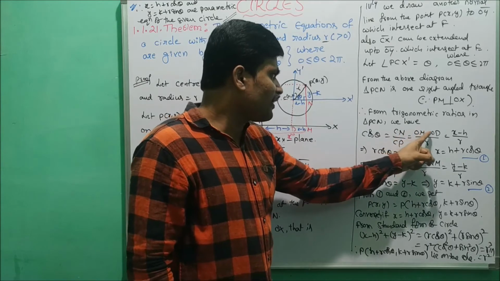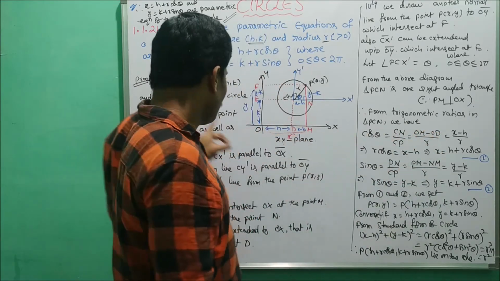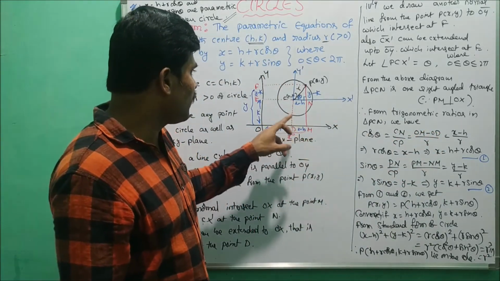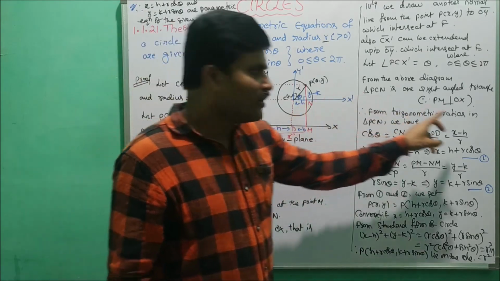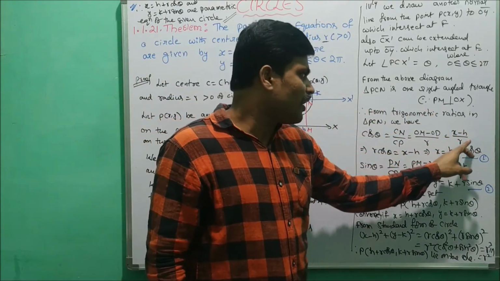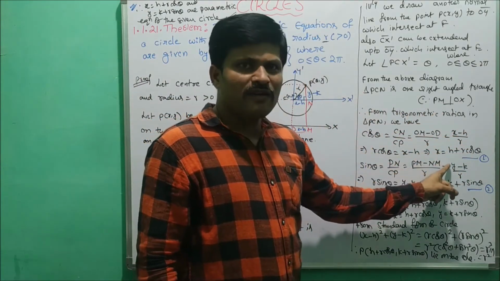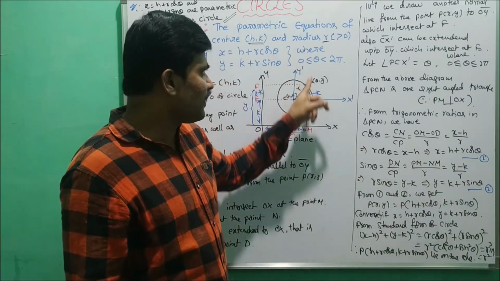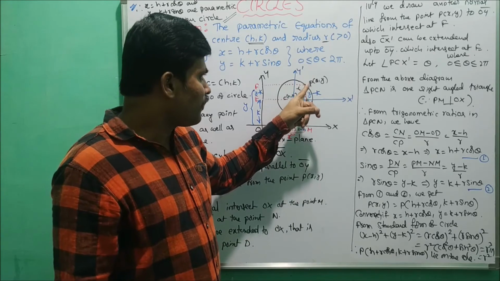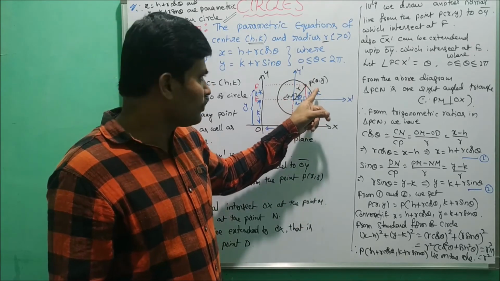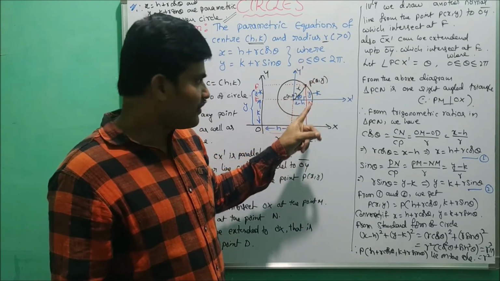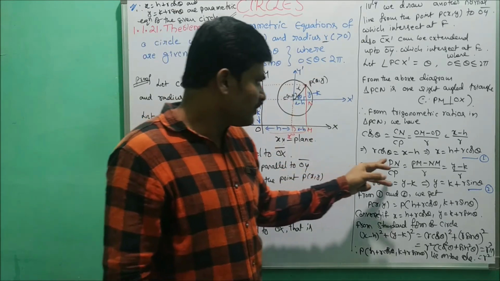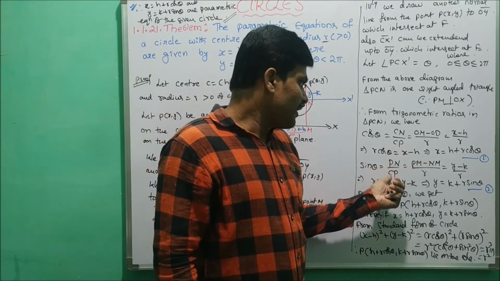Now CN can be written as OM minus OD, which is already simplified as x minus h. Now we substitute x minus h by r, and it can be simplified that the value of x is h plus r cos theta. Similarly, we take sin theta, that is the opposite side to theta by the hypotenuse, that is PN by CP.